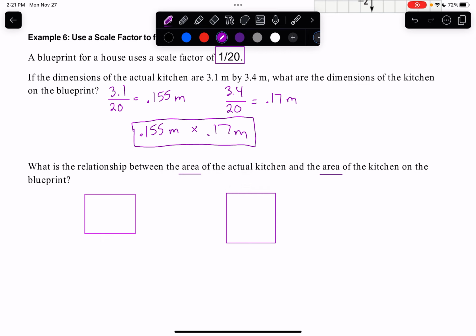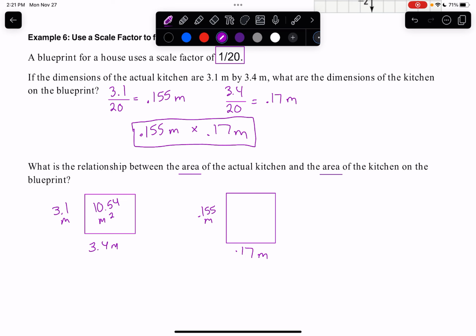So the real kitchen is 3.1 meters by 3.4 meters. And the blueprint kitchen is 0.155 meters by 0.17 meters. We know that to find the area, we do length times width. So the area of the original kitchen is 3.1 times 3.4, which gives us 10.54 meters squared, right?